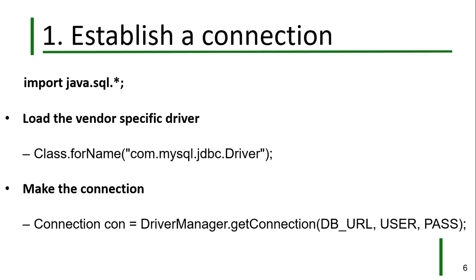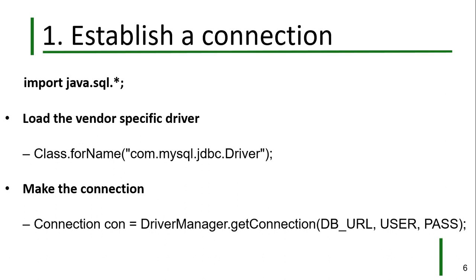The URL will have three things. The first one will be the location of the server. If it is a local server, it will be localhost. If it is a web server or remotely located server, then we have to specify the IP address or its domain name. After that, we need to specify the port number.